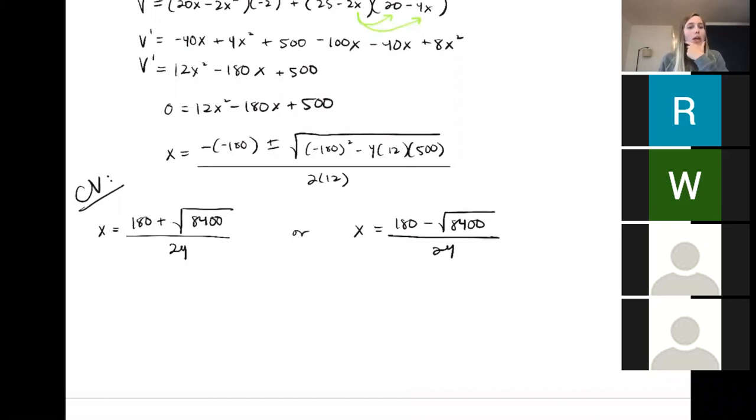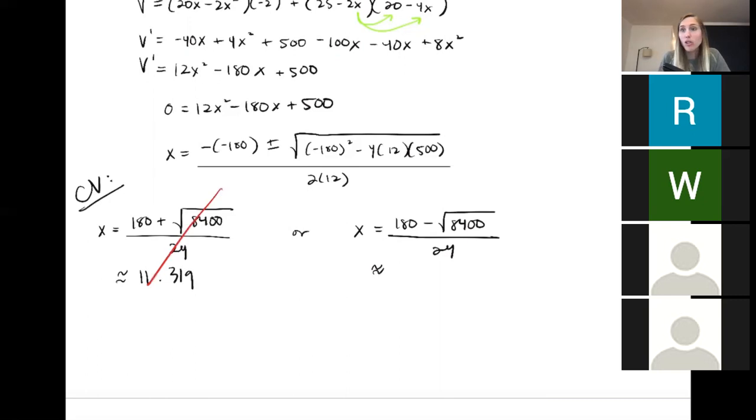Now, I have a hard time wrapping my brain around what these values are that I have here. So I'm going to find the decimal approximation for each of these possible critical values to determine whether or not they're actually critical values for this situation. So I get 11.319, which is outside our interval, right?